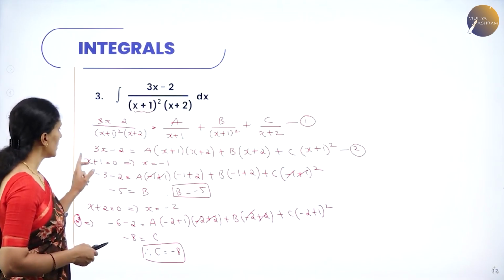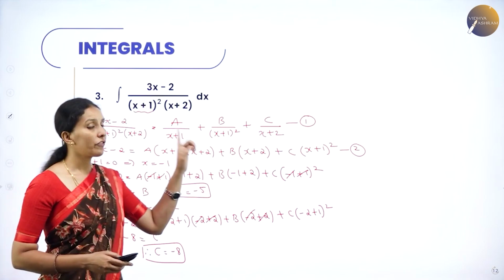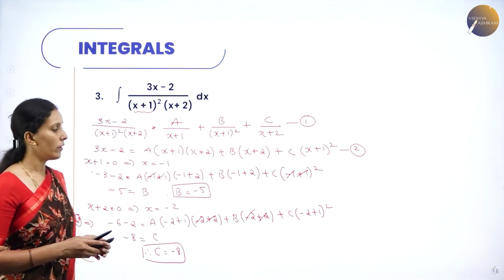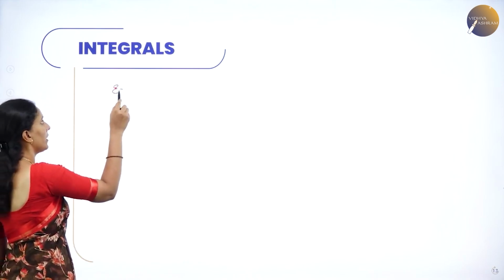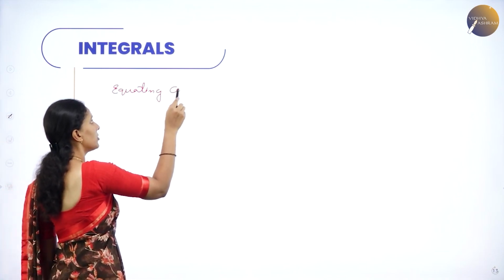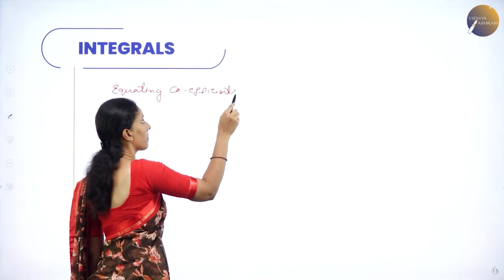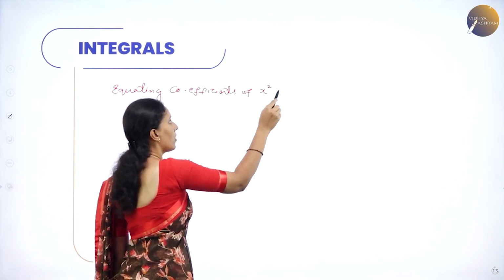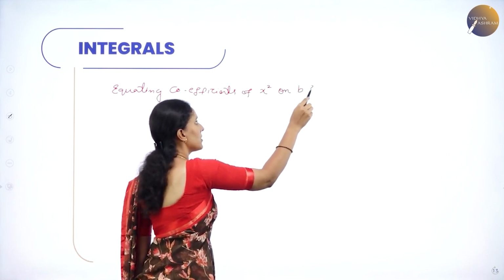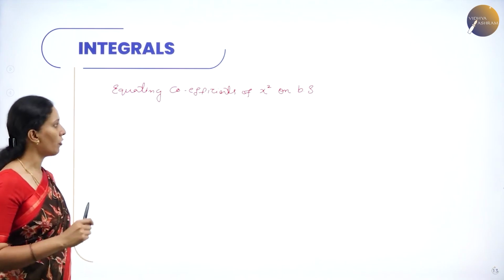So let me equate the coefficients of x square on both sides. This method is used whenever you don't have any other third factor to replace the value of x.